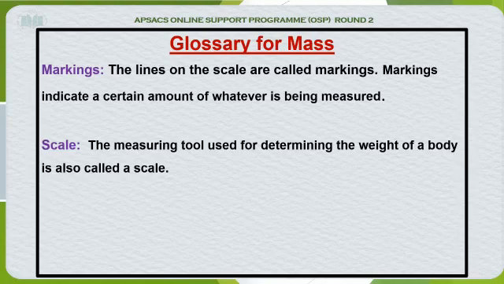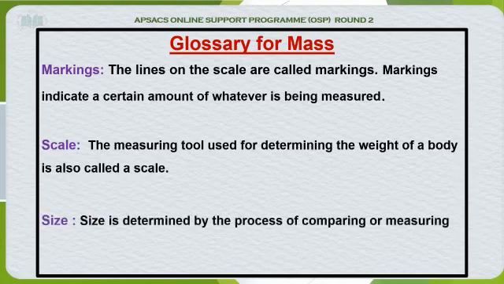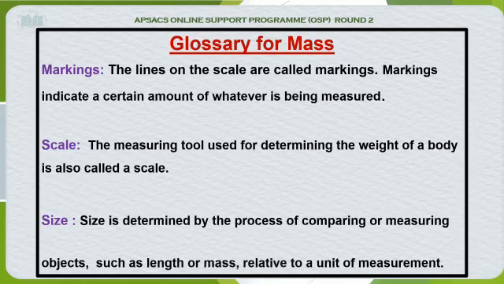The second word is scale. A scale is a measuring tool used for determining the weight of a body. Size is determined by the process of comparing or measuring objects, such as length and mass, relative to a unit of measurement.